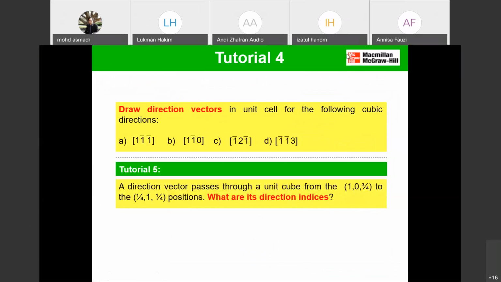So when you convert it into the Cartesian coordinate, we can get negative 1 half for C, right, Almira?